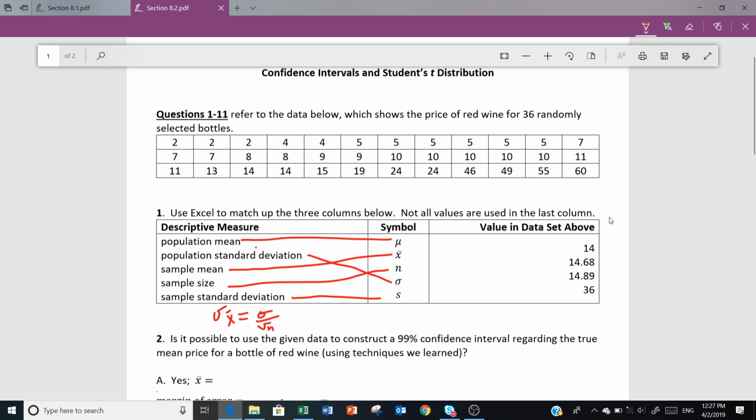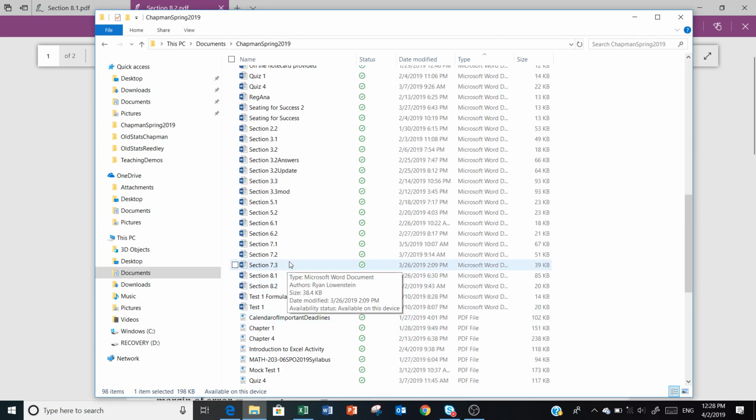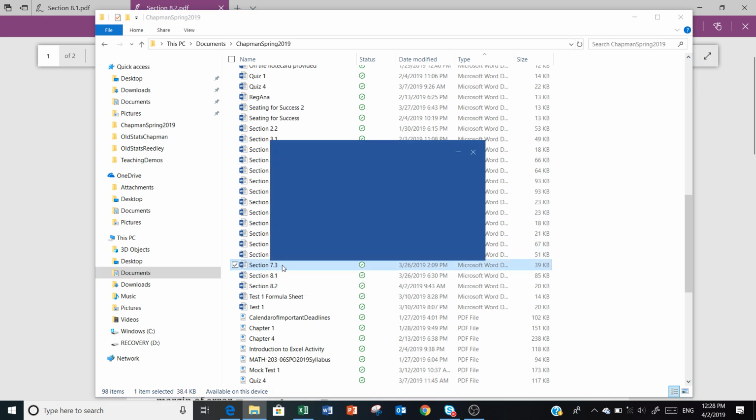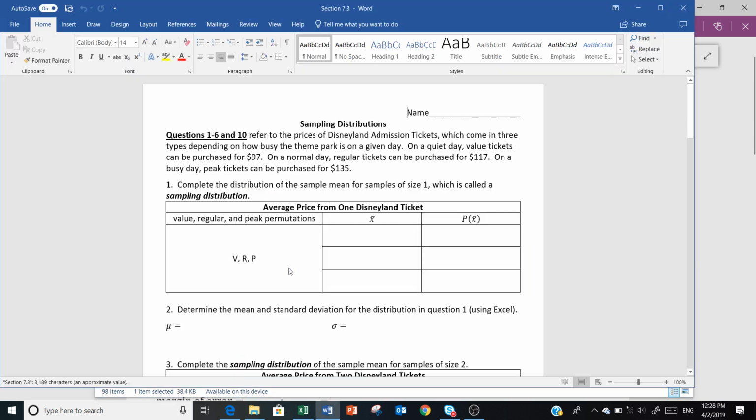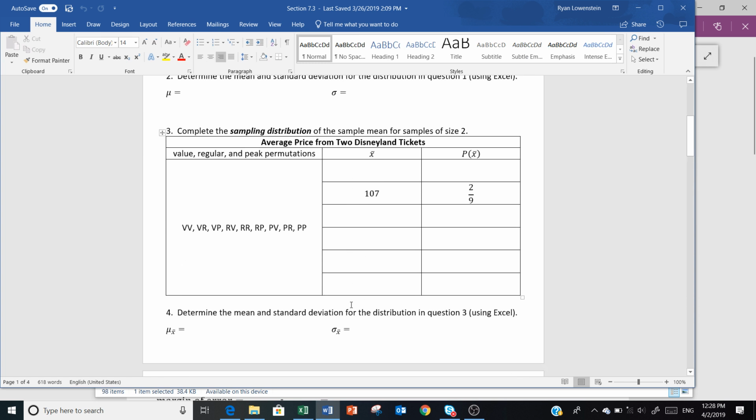Remember that whole lesson we did on sampling, where we saw that all the standard deviations got smaller? You really don't remember that one? Okay, let's quickly look at that lesson. I think it was 7.3. Remember we looked at the Disneyland tickets and then we looked at all the possible samples.